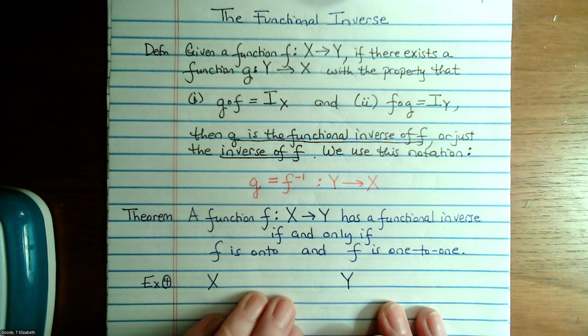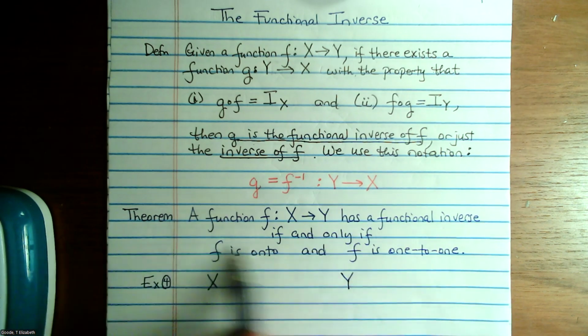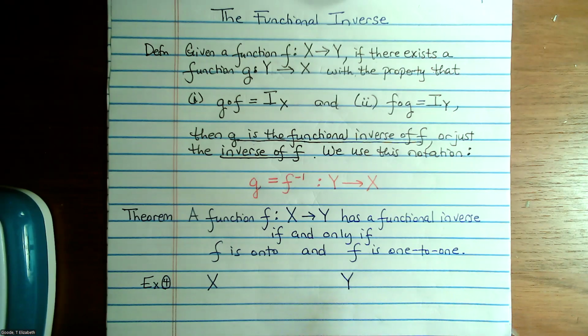What's going to have to be true for X and Y? If you believe this theorem, I'm not proving this theorem, but I'm going to maybe do a proof by picture if we have a little extra time. That they have to have the same number of elements? That's exactly right, Nick. That's the bottom line.